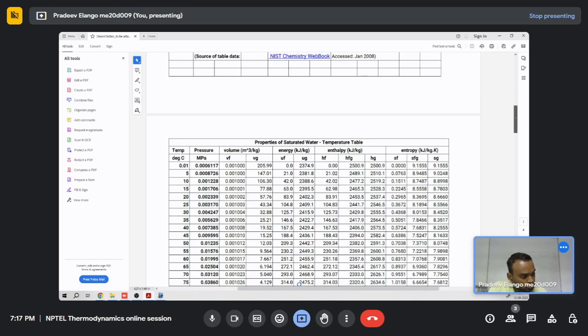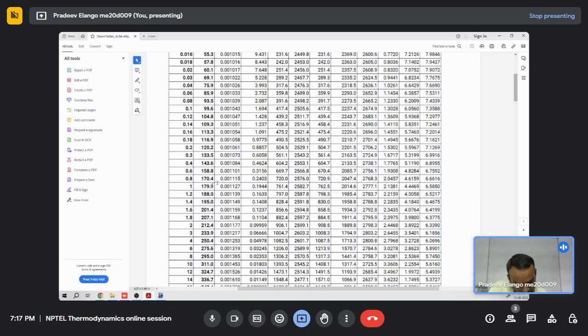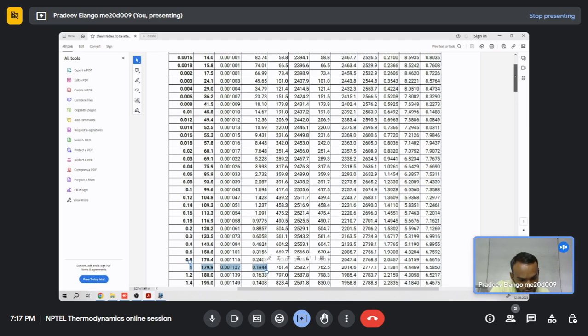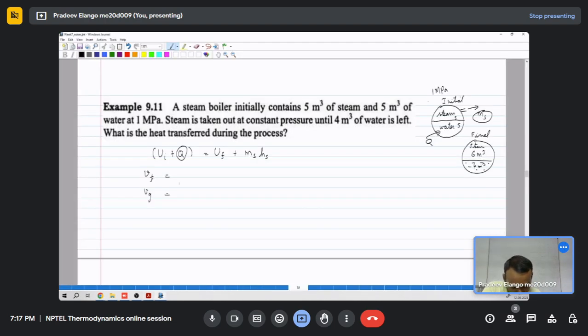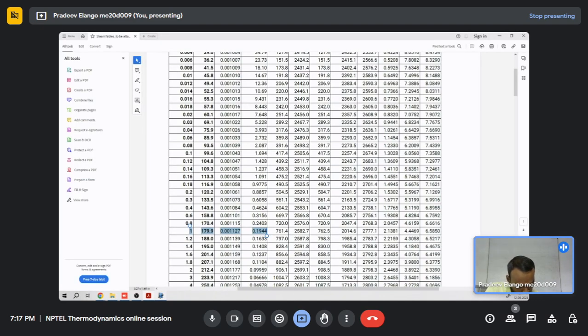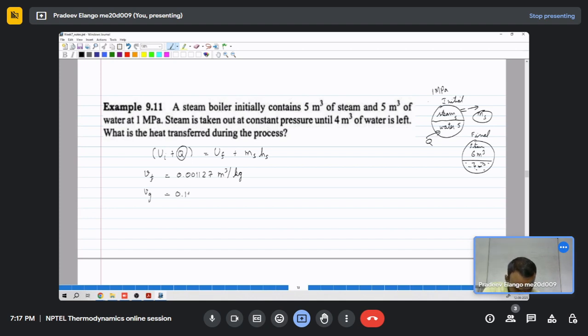Going to the steam table, in the pressure table we have these two, VF and VG: VF is 0.001127 meter cube per kg, and for VG we have 0.1944 meter cube per kilogram.